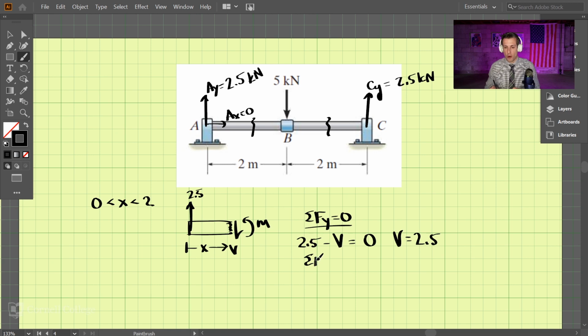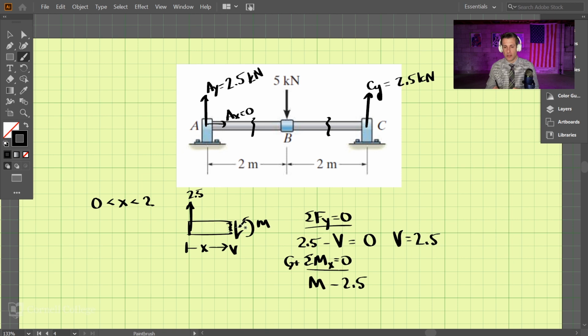Now let's sum the moments around our point X, which is right here, and call counterclockwise positive. And we have M, which is counterclockwise. And then this 2.5 generates a moment that is clockwise, so that will be negative, so 2.5. And then the distance that it acts away here is actually x, all right?